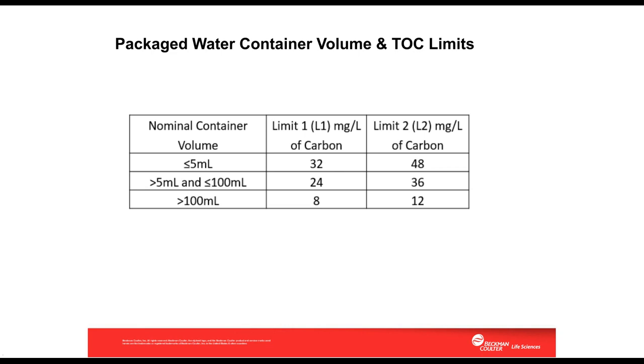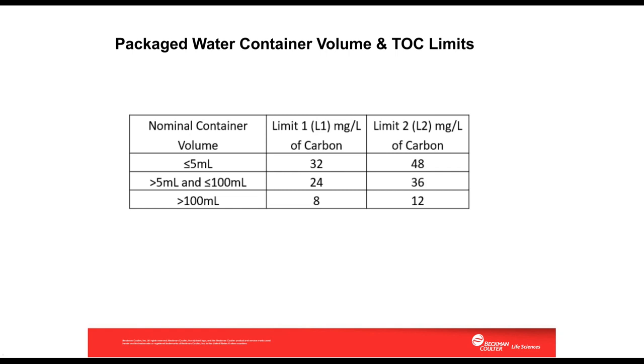So these are the different water container volumes that the new USP chapter uses: less than or equal to 5 ml, greater than 5 ml and less than or equal to 100 ml, and then greater than 100 ml. And you can see there's two limits for TOC: L1 and L2, and limit L1 is the first one.